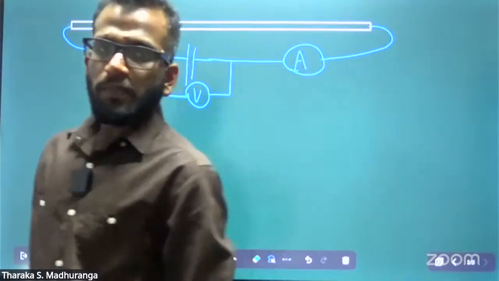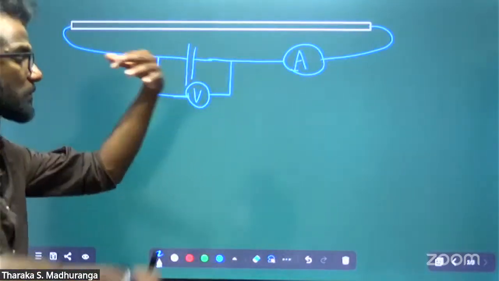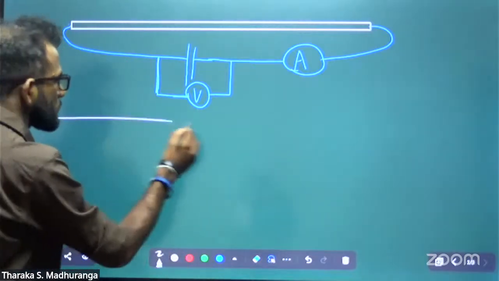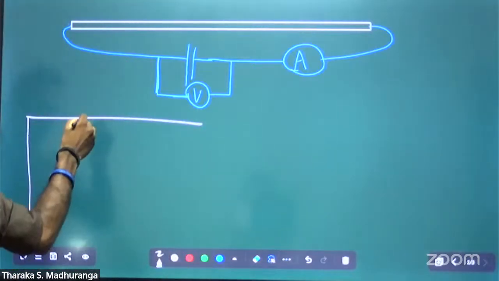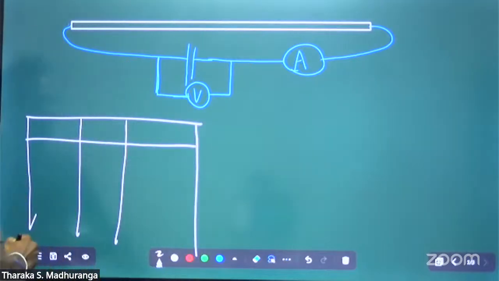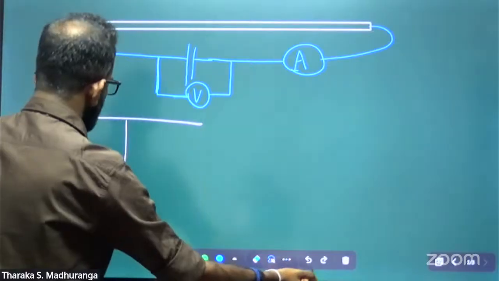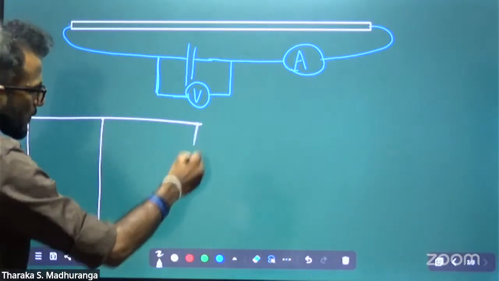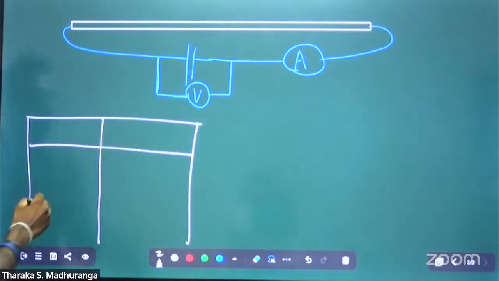Okay, now I'm going to measure. Very simple, no need for 3 columns, 2 is enough.